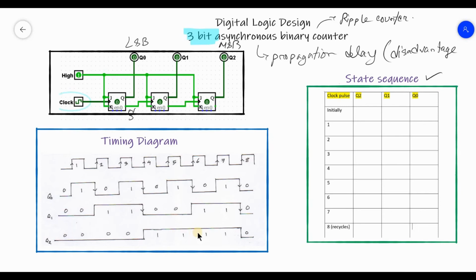Now let us move on to how it is producing the 3-bit sequence starting from 000 up to 7. We go from low to up. At first we have 0 0 0, so we write it here.